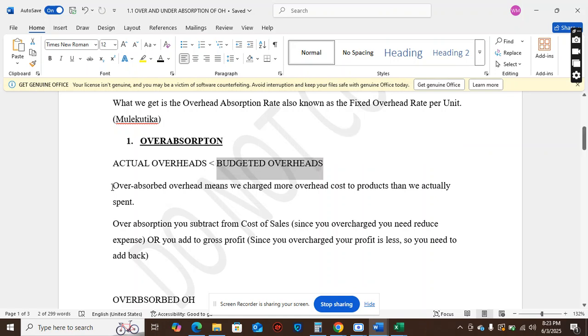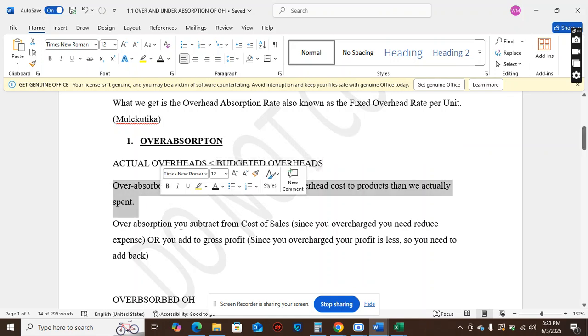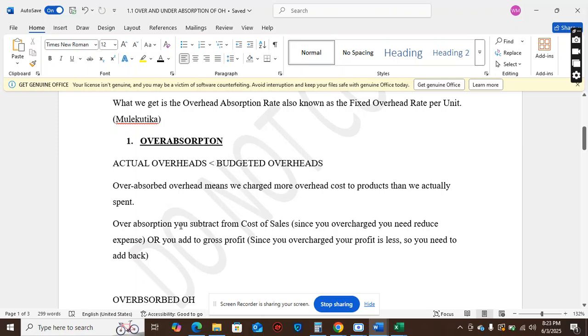As you can read here, over-absorption means we've charged more overhead cost to products than we actually spent. So your budgeted or absorbed overheads are going to be greater than your actual overheads.